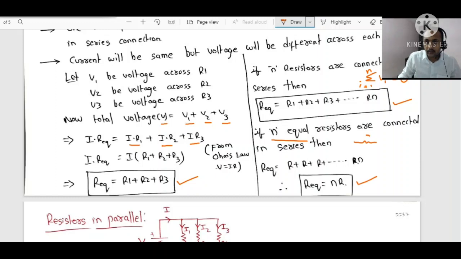For example, if 3 ohms and another one is 3 ohms, 3 resistors are connected in series. Now what will be the R equivalent across A and B? How many resistors are there? 3. Each value is 3. 3 threes are 9 ohms. R equivalent will be 9 ohms. Like that you have to understand.